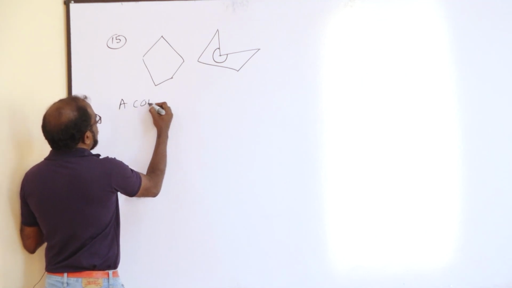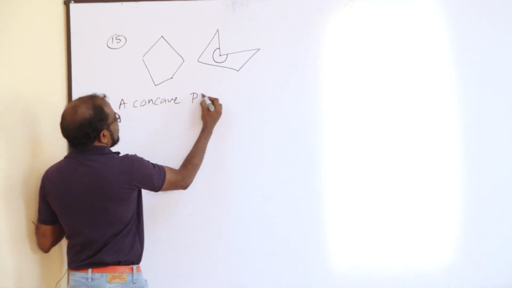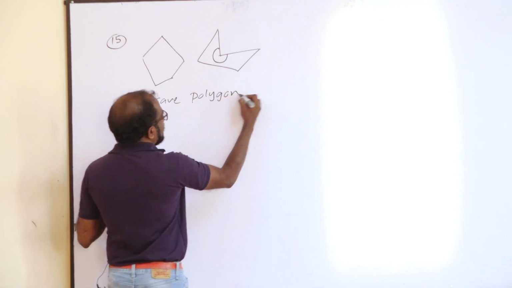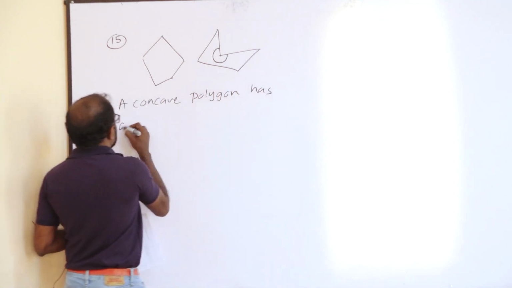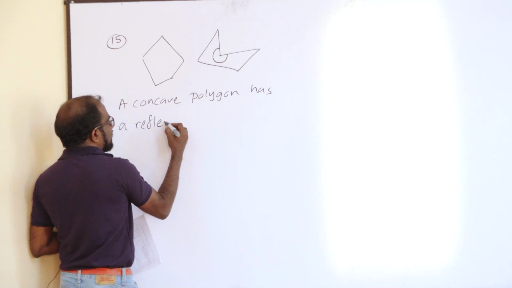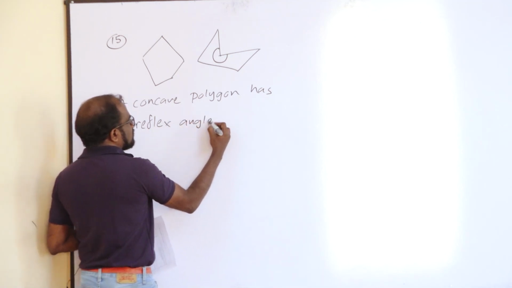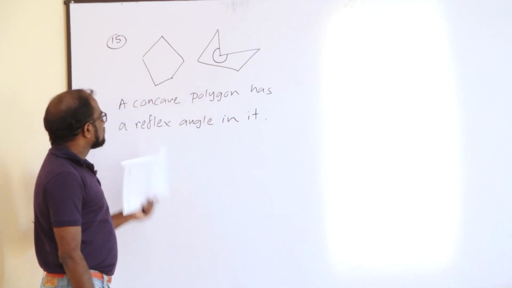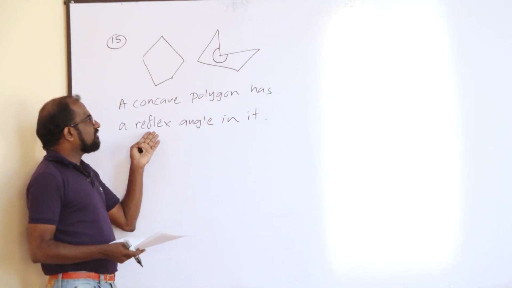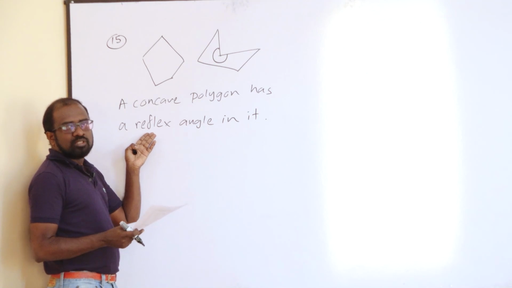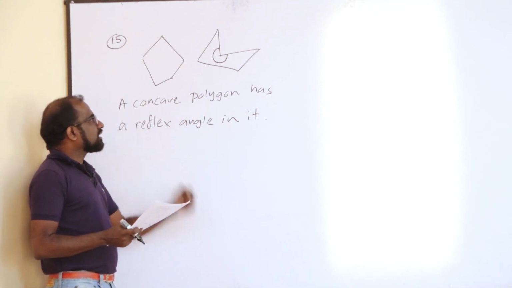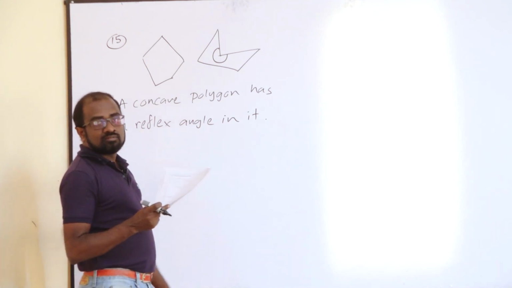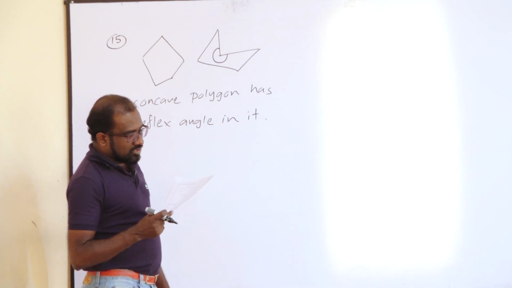A concave polygon has a reflex angle in it. Simple. See, how many words? Less than 10. It's a small thing to remember. You must memorize this, it's not a teacher's mistake.